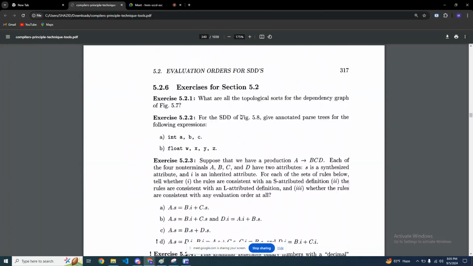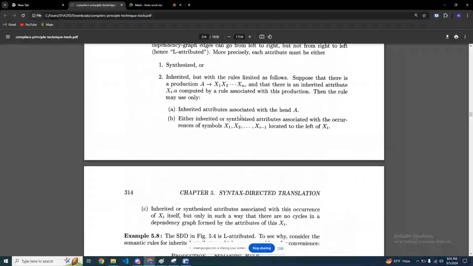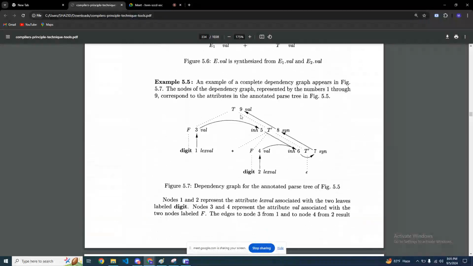Now let's look at an example for inherited attributes.